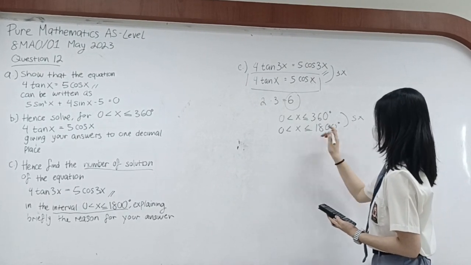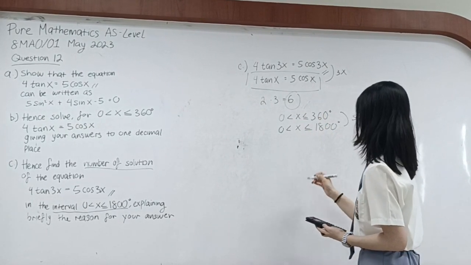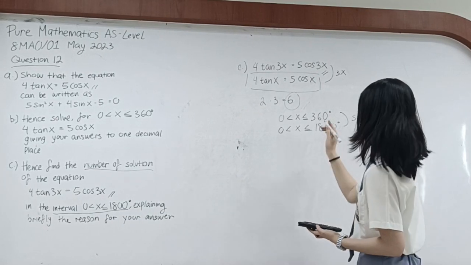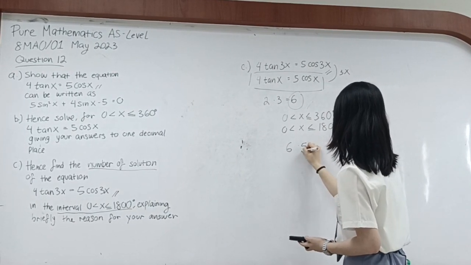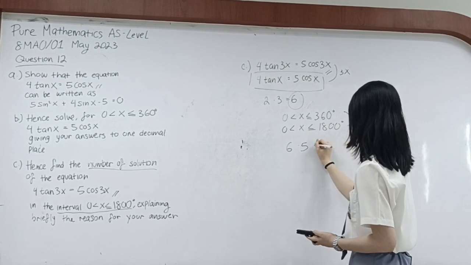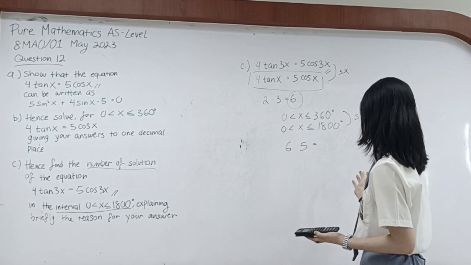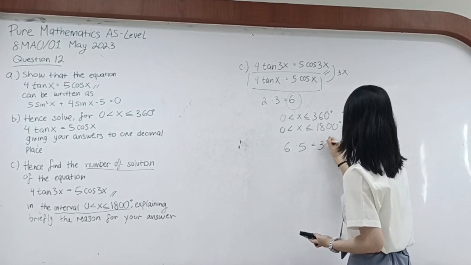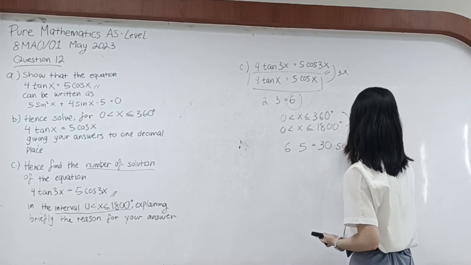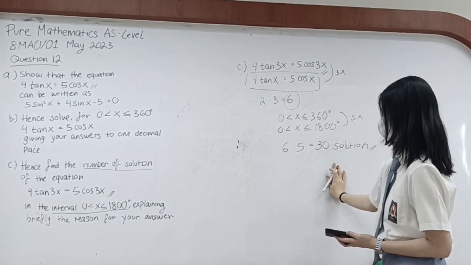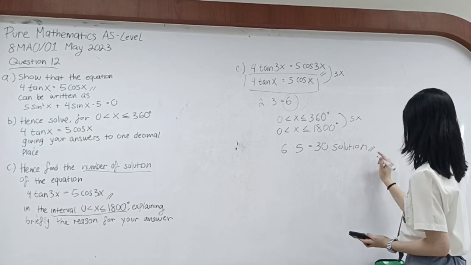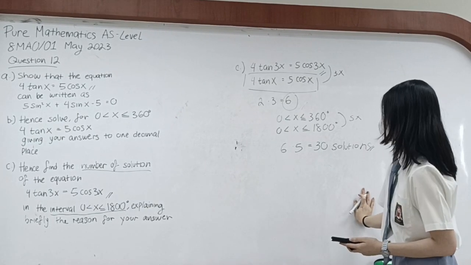So we want to do the exact same thing over here to get the number of solutions. We'll use our new number 6 and multiply by 5 to convert it to the new domain, or the new interval, and we get 30. Therefore, in this question, there would be a total of 30 solutions.